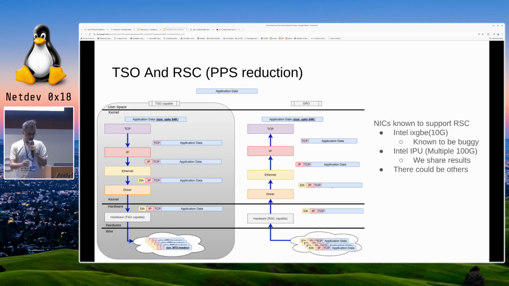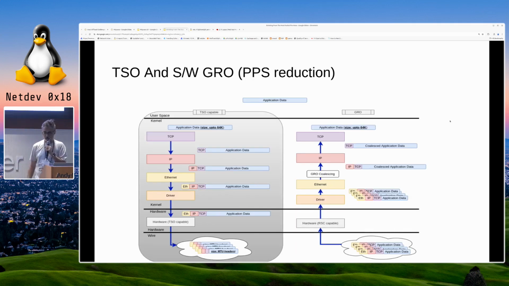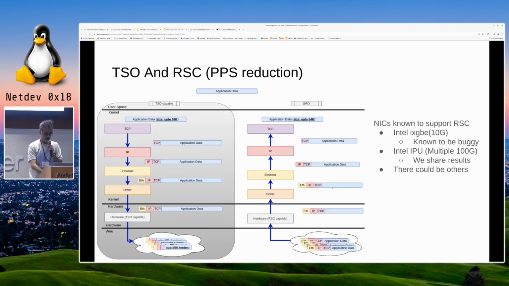And likewise, the one difference I wanted to point out, because there's still not a lot of NICs that support this, is that if you look at the coalescing of GRO, it happens in the host. But if I do hardware, you can see that the hardware does the coalescing of the segments, and I just receive, for example, a 64K payload with the headers on the host, right?